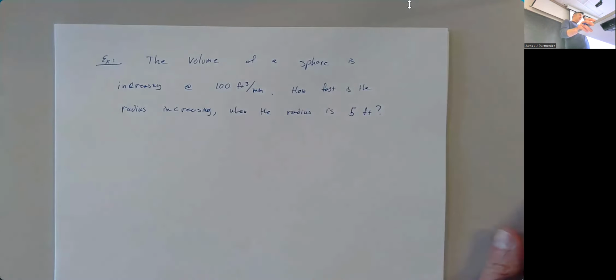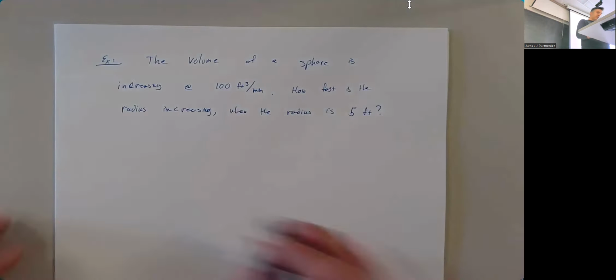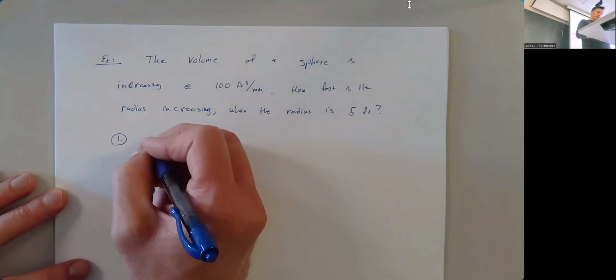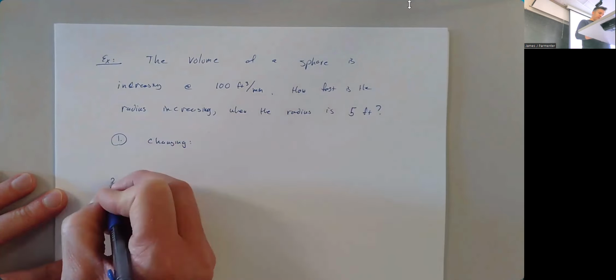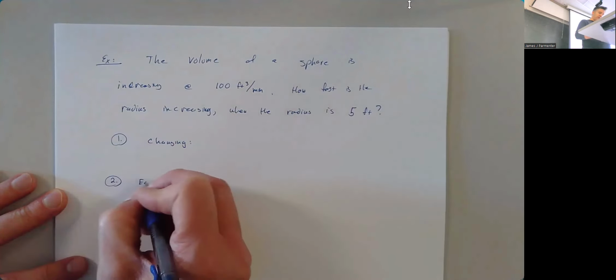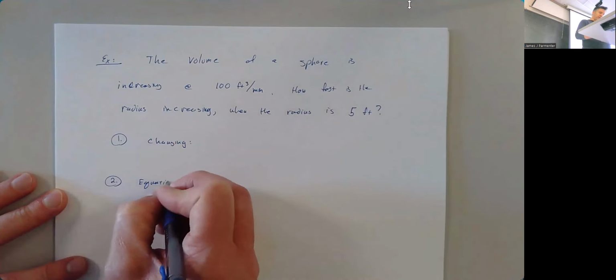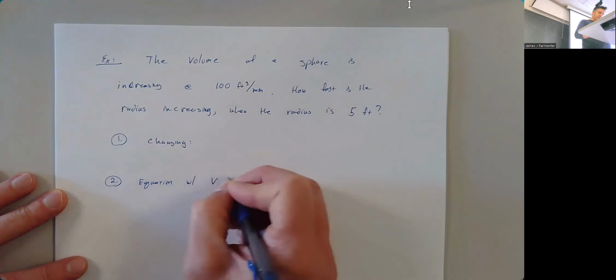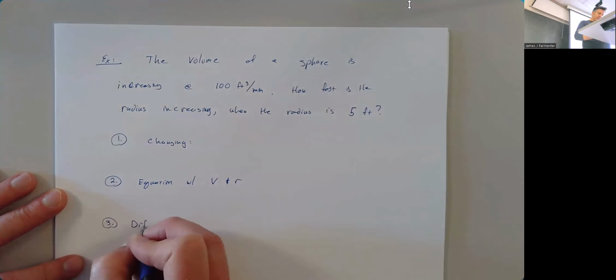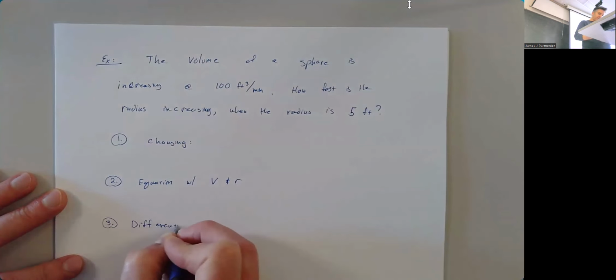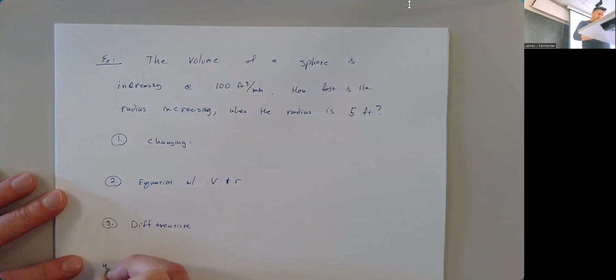So I want you all to do all the setup. Step 1, the things that are changing. Step 2, the equation relating the volume and the radius. Step 3, differentiate both sides. Step 4, plug in and solve.